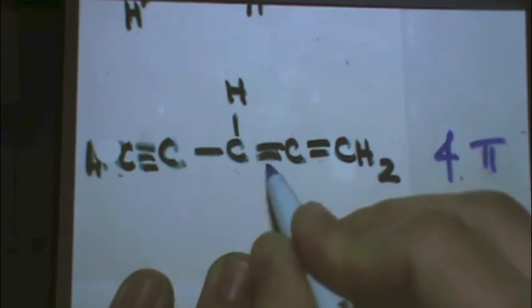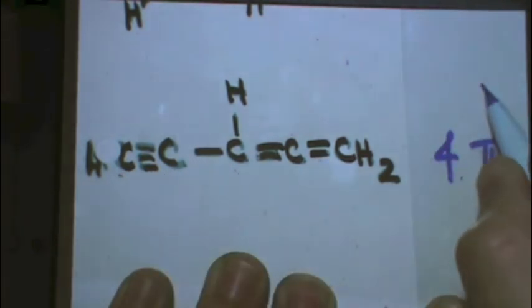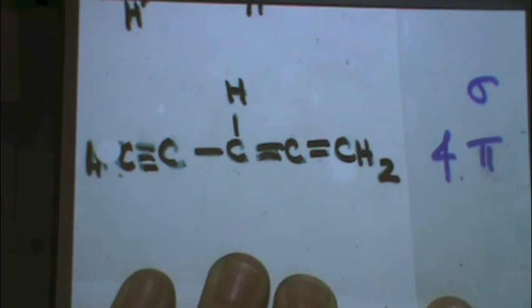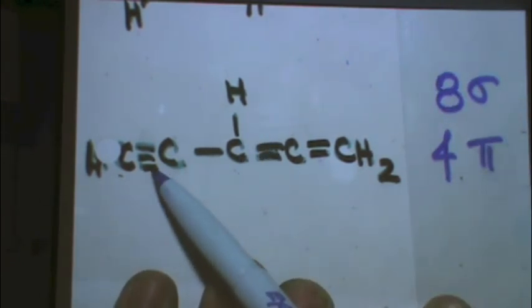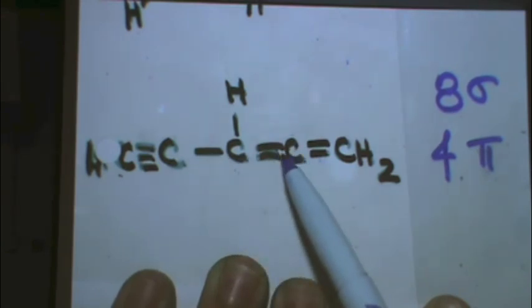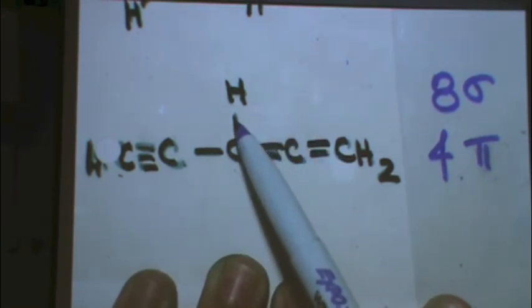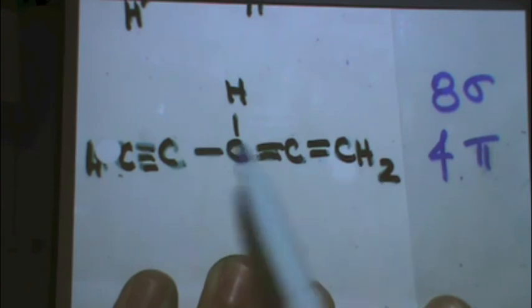How many sigmas? What do you get? I think I got 8. Let's double check. 1, 2, 3, 4, 5, 6, 7, and there's a hydrogen there, 8.